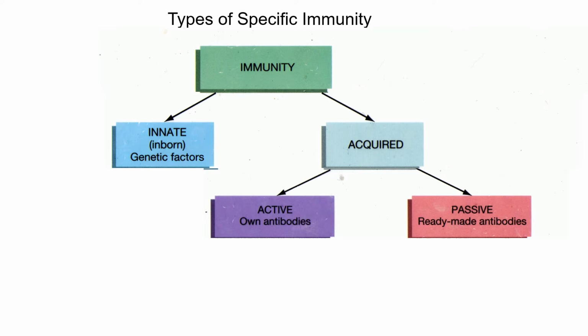Now, when it comes to passive, the big benefit is it is fast. It's immediate. So that's the great thing. But the problem is, because it's not our immune system, it's going to be short-lived. We won't have it long-term. When something is active and our own immune system is involved, it gives us a much longer immunity. And we'll talk about how long later on.